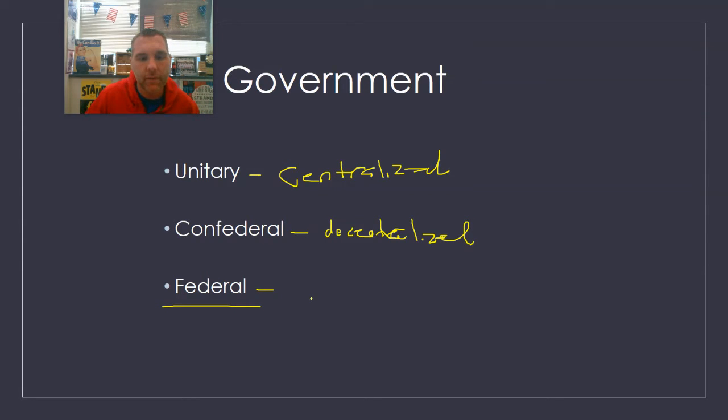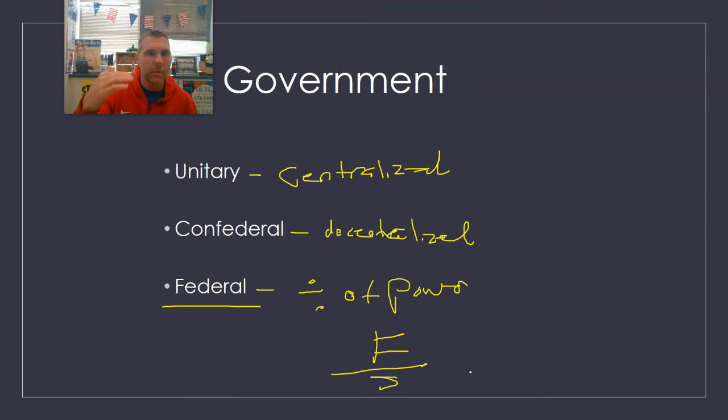And the federal government, the key term I want to use is it is a division of power between the federal and the states. I'll put the federal over the states because it's the supremacy clause. The federal government rules over the states. But there is going to be a sharing of power that exists. And this is why in America, we have 51 institutions of government.